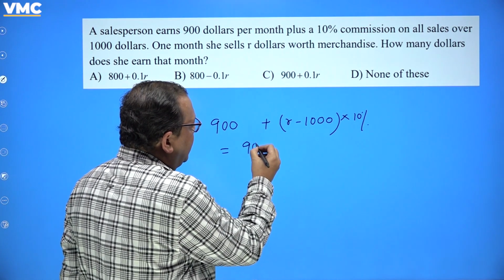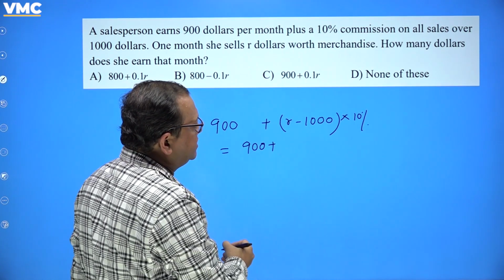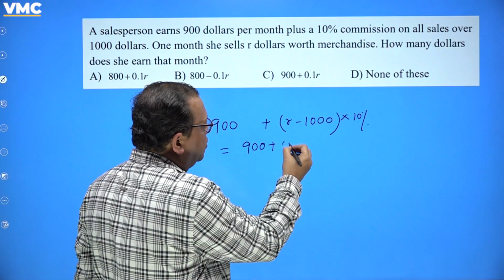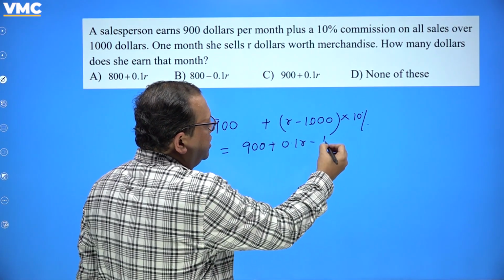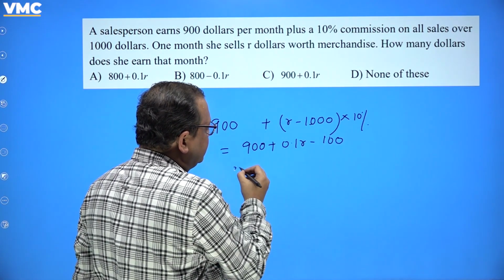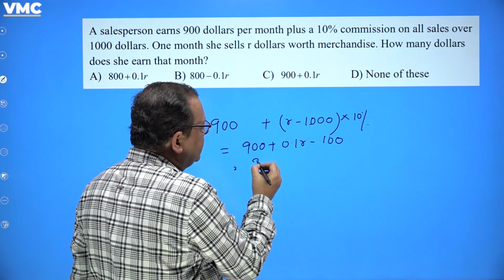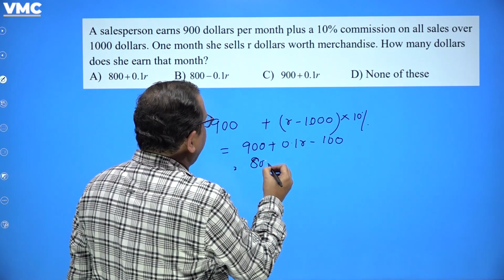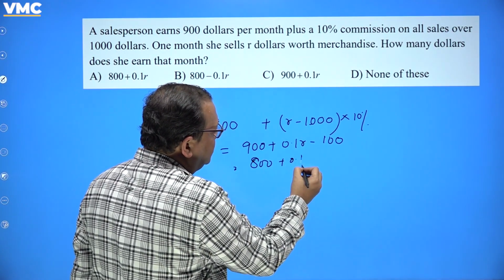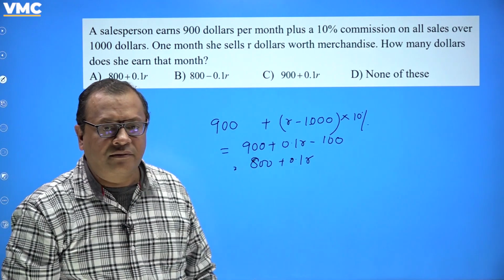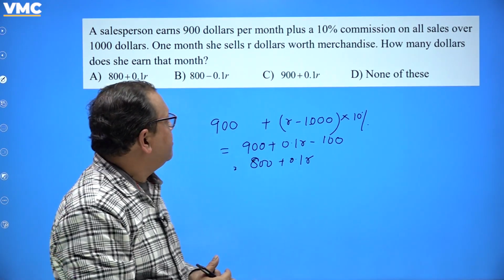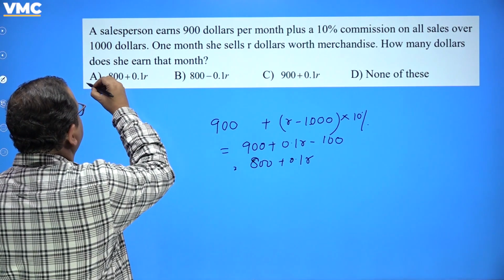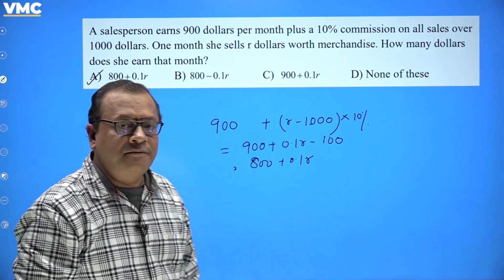It is 900 plus 10% of R minus 1,000, which is 0.1R minus 100. So 900 minus 100 is 800, so 800 plus 0.1R. That is the amount that she is earning for that month. So the answer for this question is option A.